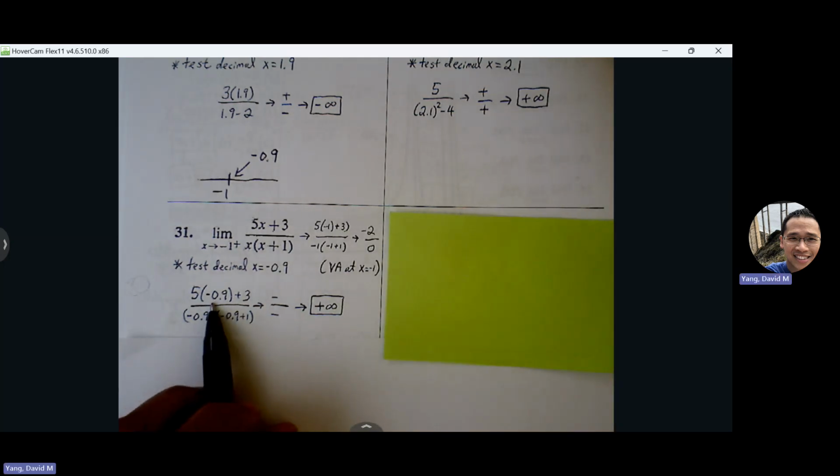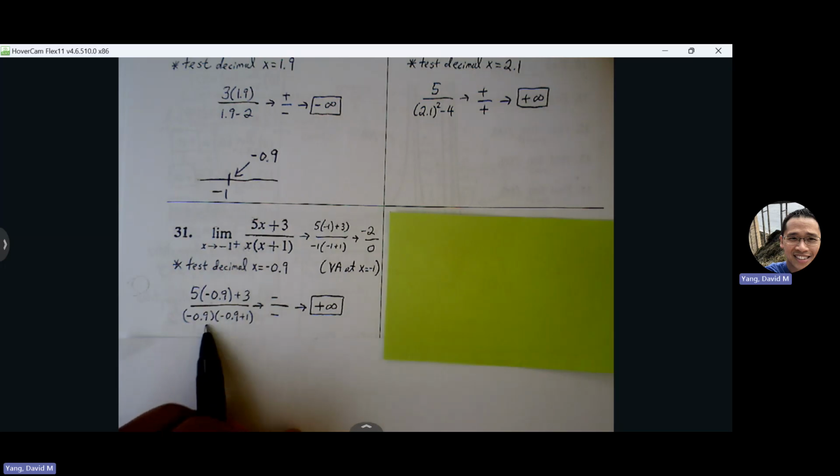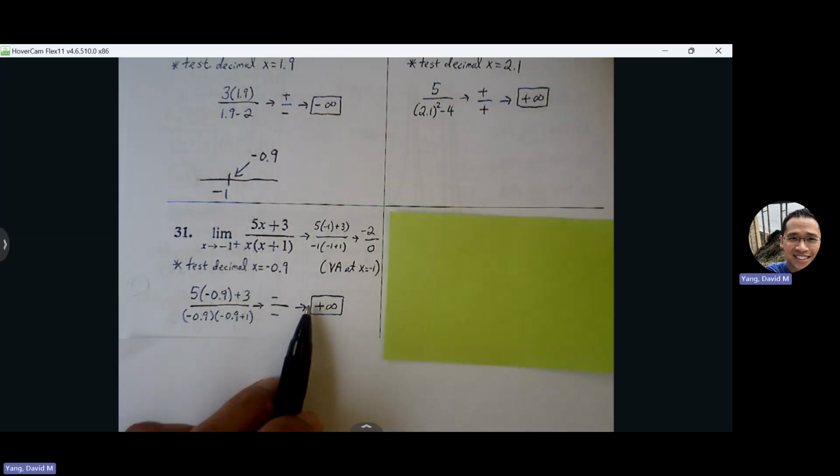So 5 times a number slightly less than 1 would be around like 4 something, 4.8, 4 point something. Still going to be a negative number. And then negative times positive is negative, so therefore positive.